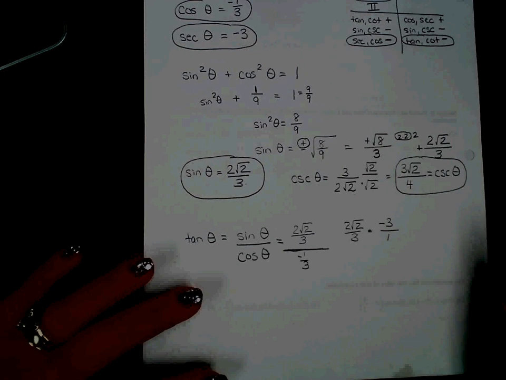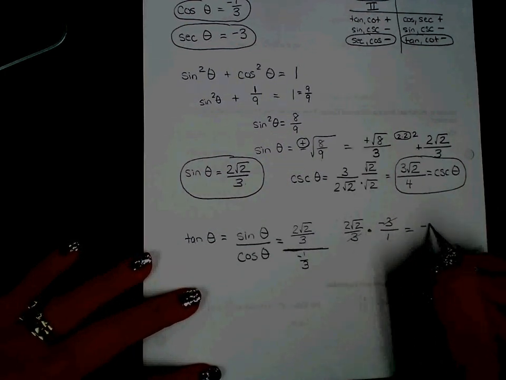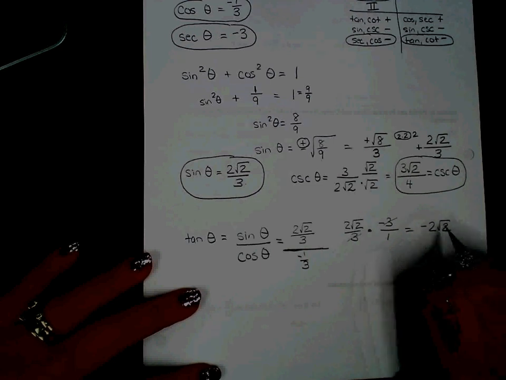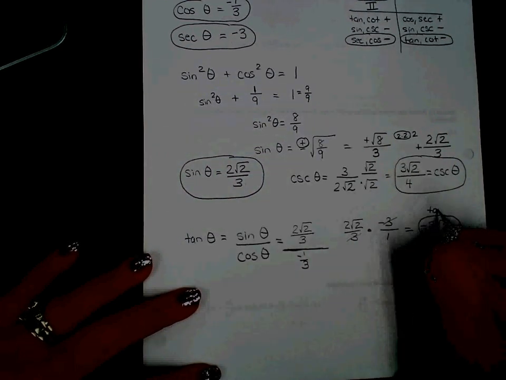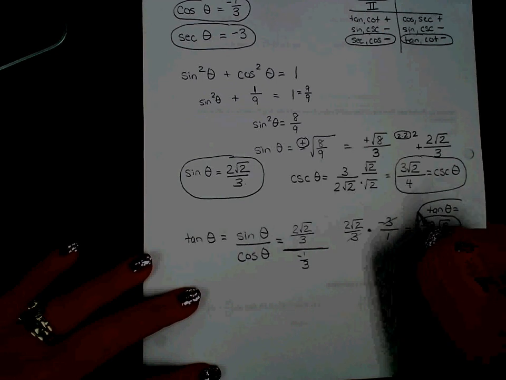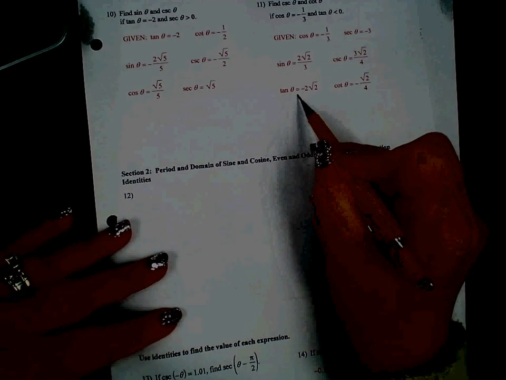And I left the negative in the numerator. Those are going to cancel. And I'm going to get negative 2 on the square root of 2 over 1, which is just going to be negative 2 on the square root of 2. So tangent of theta equals negative 2 on the square root of 2. I'm checking my answer keys. Tangent of theta equals negative 2 on the square root of 2.